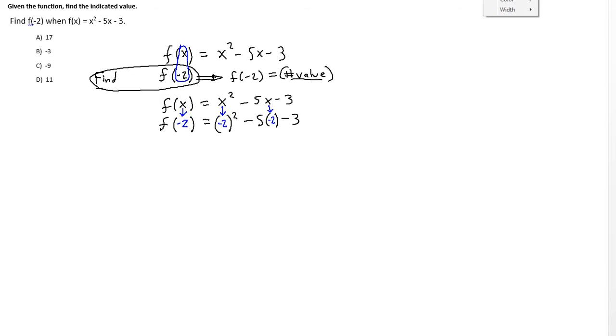What takes over at this point? Well, all we need to do is apply PEMDAS. PEMDAS is the agreement for how to simplify expressions that have multiple operations of arithmetic. I'm going to remind us what these are. These are parentheses.